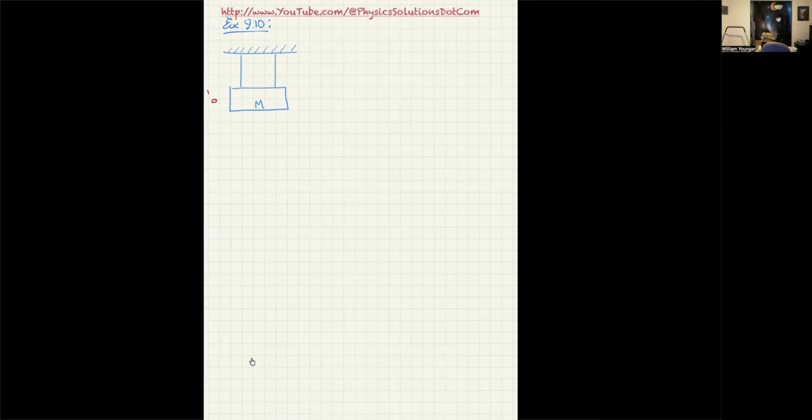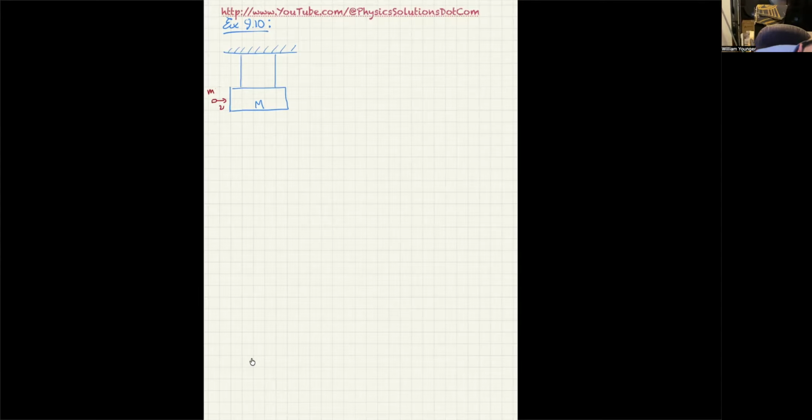It has a mass little m and it has a velocity that we're just going to call v. I'll say the velocity here is little v.